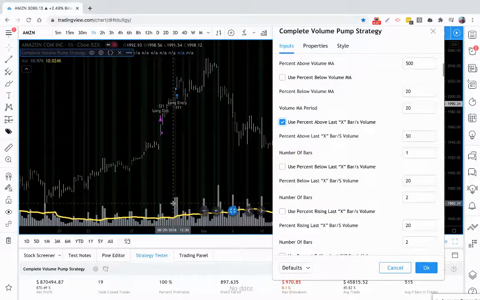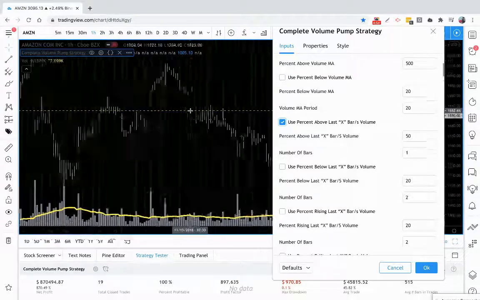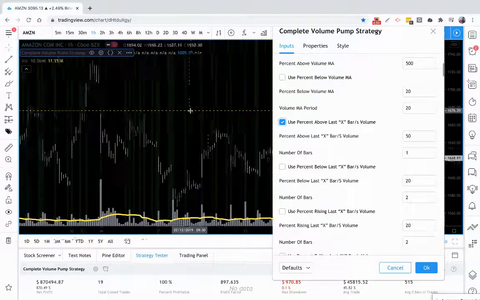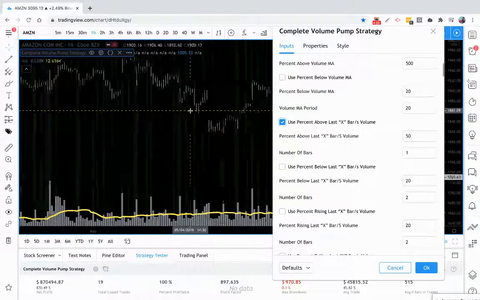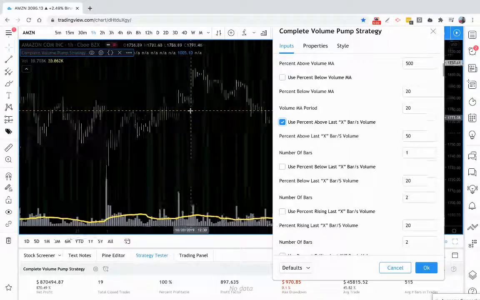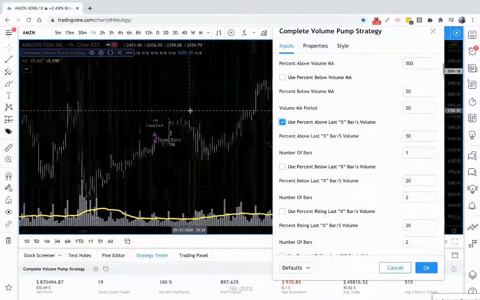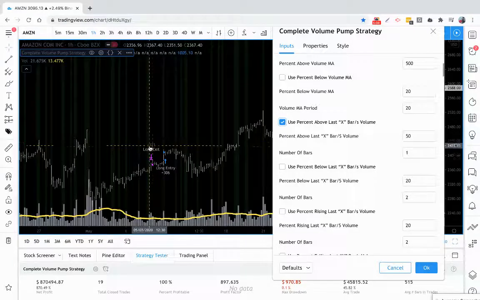That was definitely 50% more than this bar, so it qualified as an entry. And now we stay in that trade until we exit. I'll be in that trade a long time. There we go, we had an exit there.